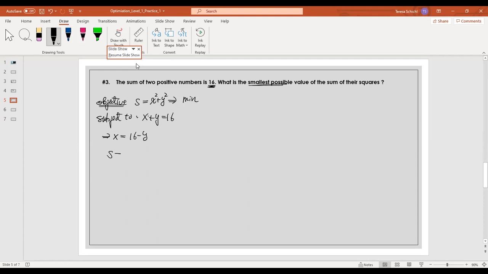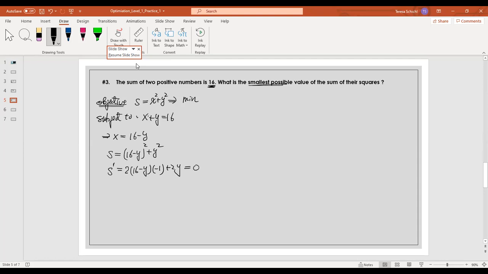So the sum is equal to 16 minus y squared plus y squared, right? And then you set S prime, take the derivative. So this is the power rule, so it's 16 minus y. Don't forget what you need to do here, the chain rule, right? Okay, so you do the chain rule, and then this is 2y.